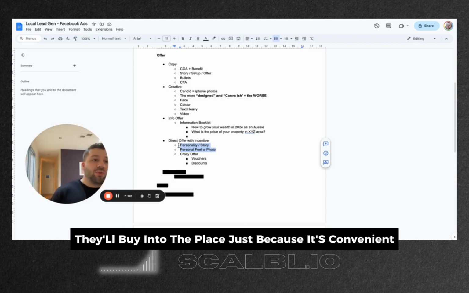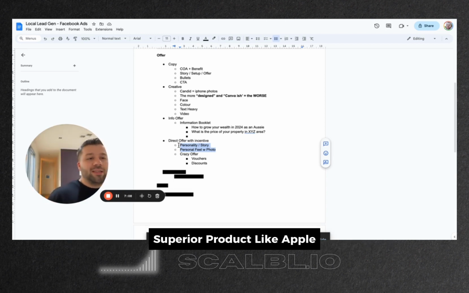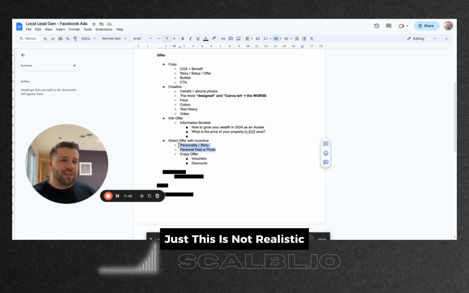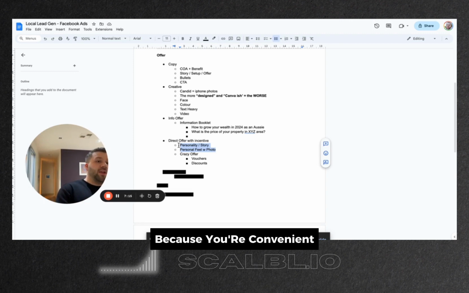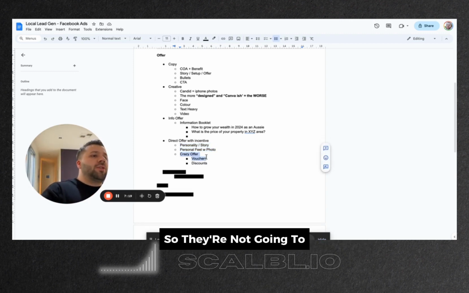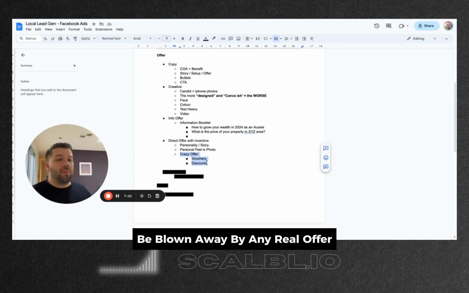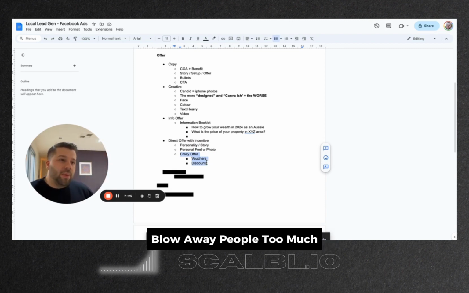They'll buy into the place just because it's convenient. They're not going to buy it because you've got a superior product like Apple. It's just not realistic. They're going to be working with you because they like you, because you're convenient, and you've got a pretty good, easy offer. So they're not going to be blown away by any real offer. Offers are not really going to blow away people too much.